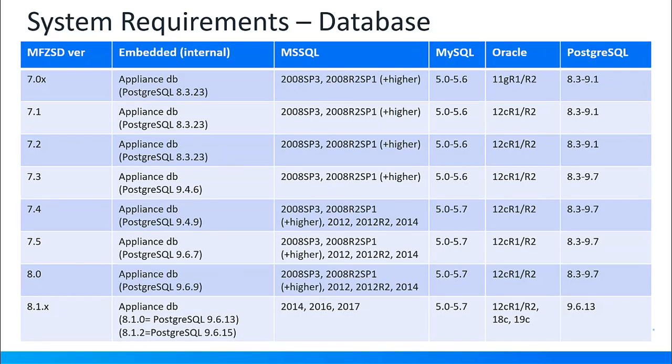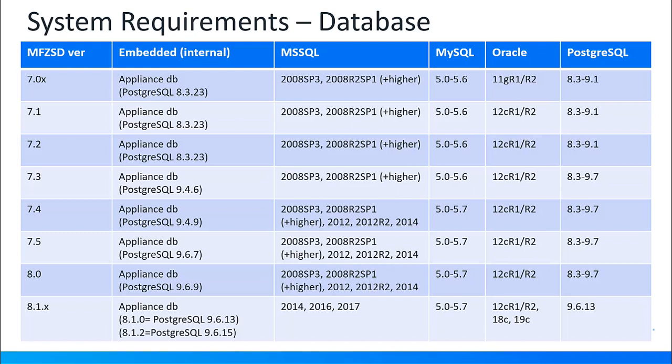The database, you can see here, this is the different versions that are supported. So if you're on a 7.0, obviously you'll need to upgrade to 12 to move on. And then you'd probably go to version 7.2, and then 7.4, and then 7.5, and then 8.1. All are compatible with Oracle 12.